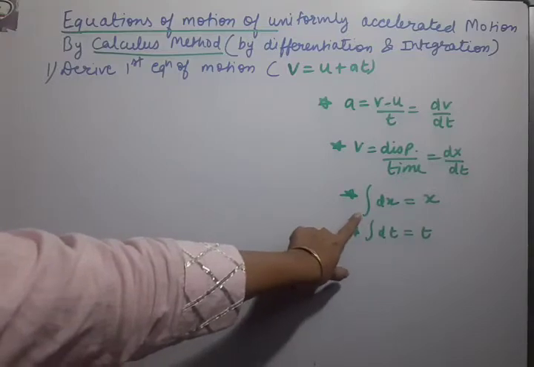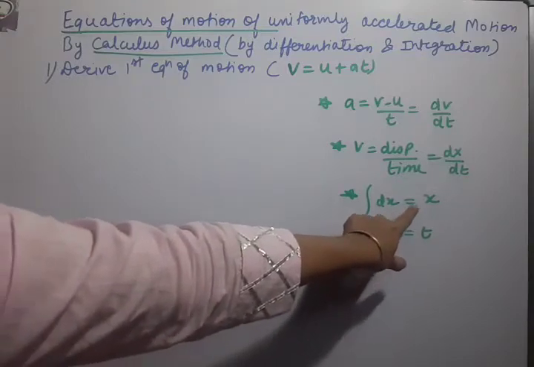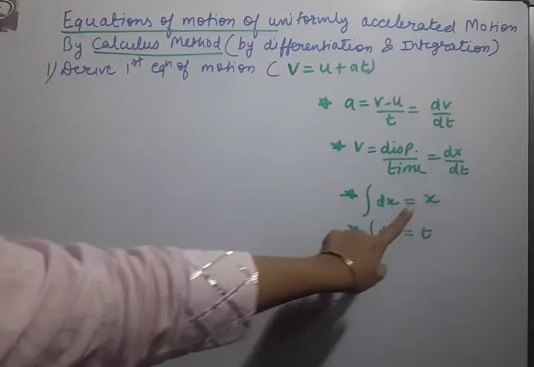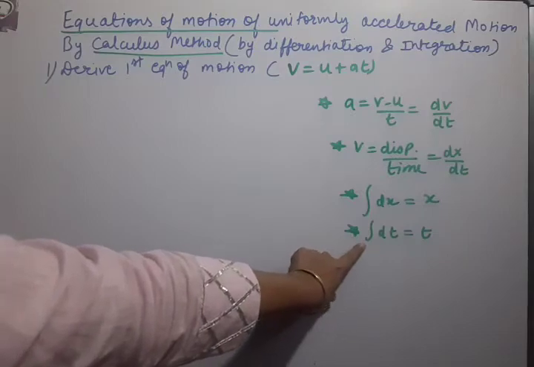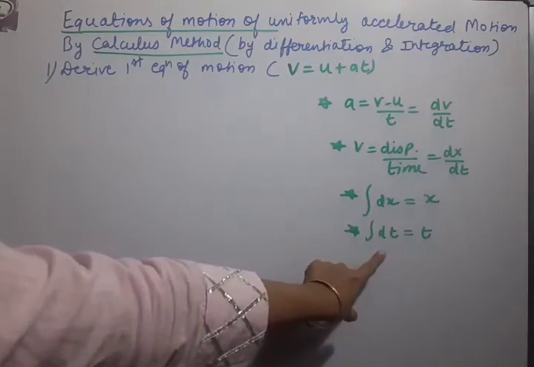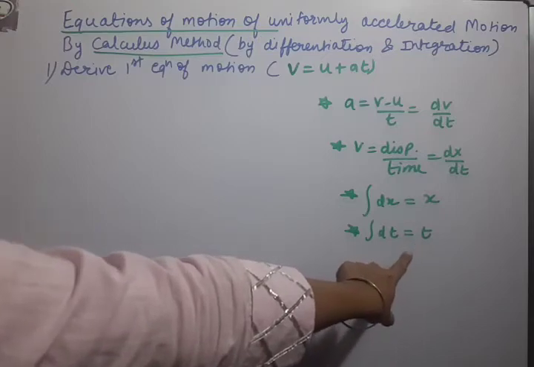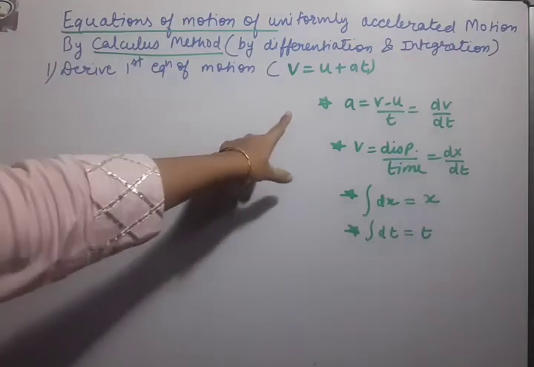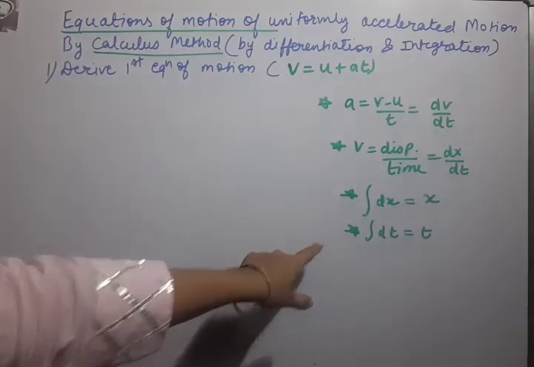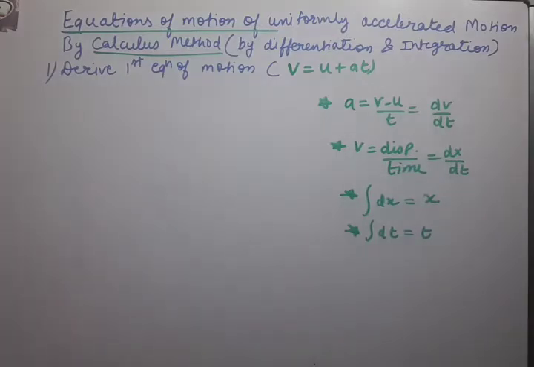Okay, integration of only dx equal to x answer. So in the same manner integration of dt, if it appears, so integration of dt answer is only t. Okay, now let us start using these formulas whenever we will require.